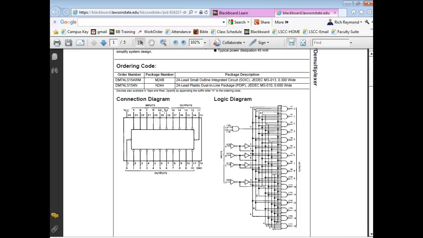I don't know why they decided to use the 74154. Yeah, this looks good. You know the data inputs, and that's fine like that.